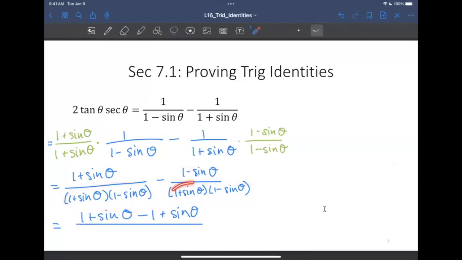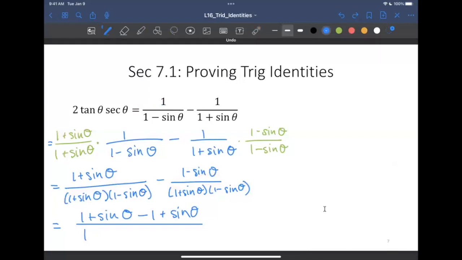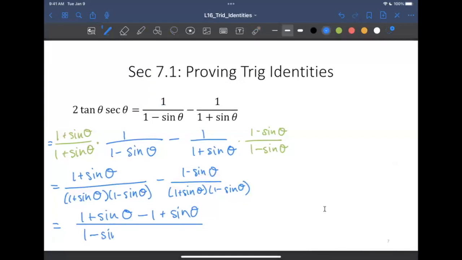So I'm going to do 1 times 1, which is 1, then 1 times minus sine theta, so that's going to be negative sine theta. And then these two multiplied together, that's plus sine theta. And then these two, which will give us minus sine squared theta.